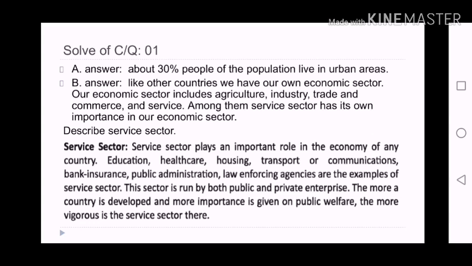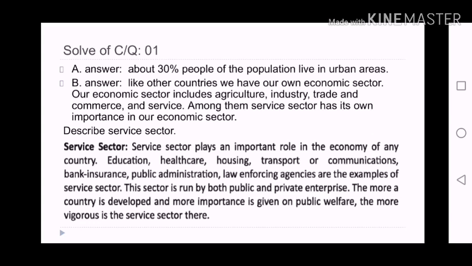The more a country is developed and more importance is given on public welfare, the more vigorous is the service sector there. In our previous lesson, when we were learning about the chapter and about the service sector, we knew the service sector is very much important for the better lifestyle of people.